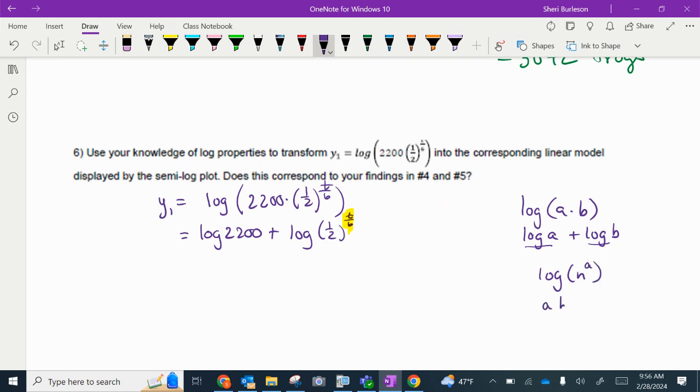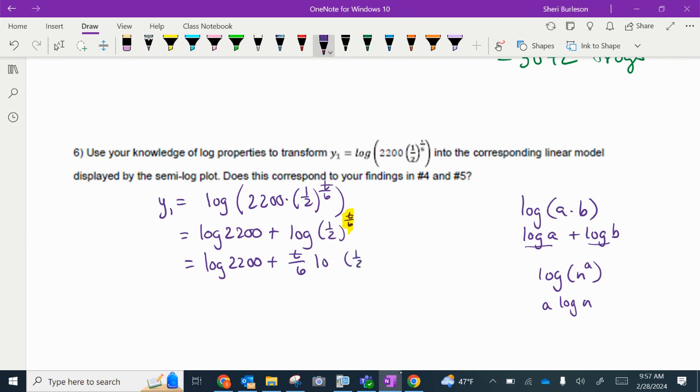That exponent can come out front, right? So I now have log of 2200 plus t over 6 times the log of 1/2.